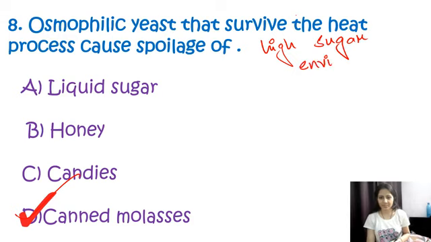They are particularly well suited to an environment where sugar concentration is very high, and they can tolerate a low water activity environment. So in canned molasses, this product has a high sugar concentration and can provide a suitable environment for this osmophilic yeast, even after heat processing.